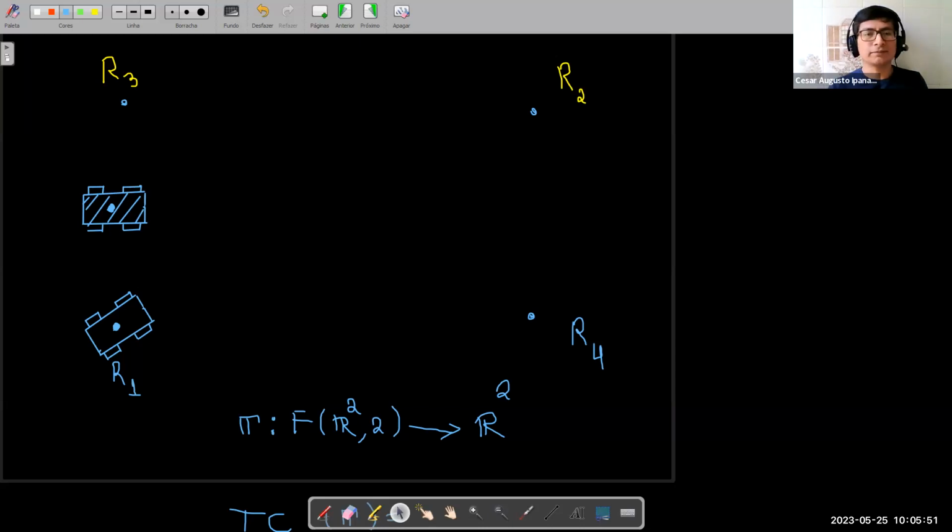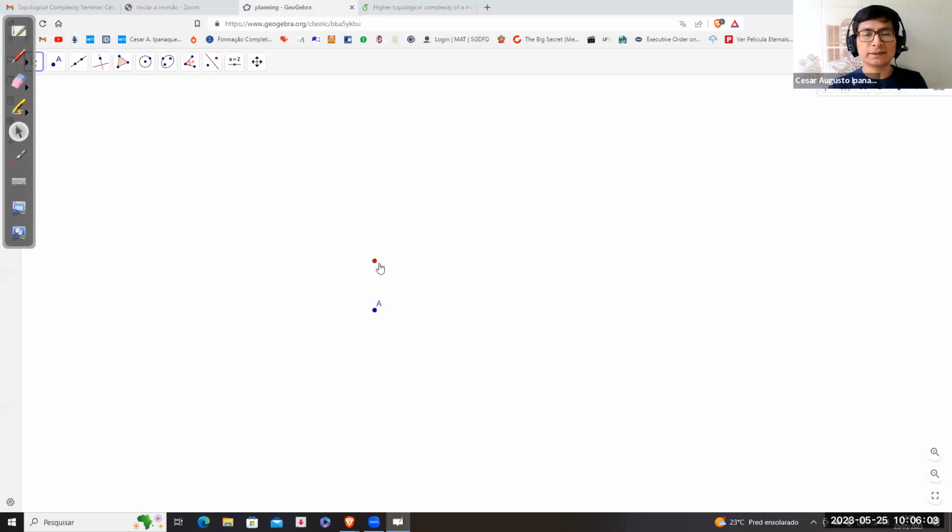I will show this in GeoGebra, for example a route for this. Can you see these two points, A in blue and this red point? Yes. Okay, I will start this algorithm. I want to move this robot A to this position, then to this, and finally to this position here.